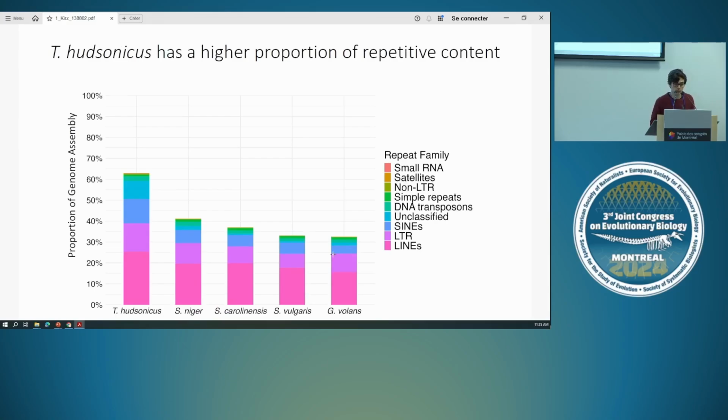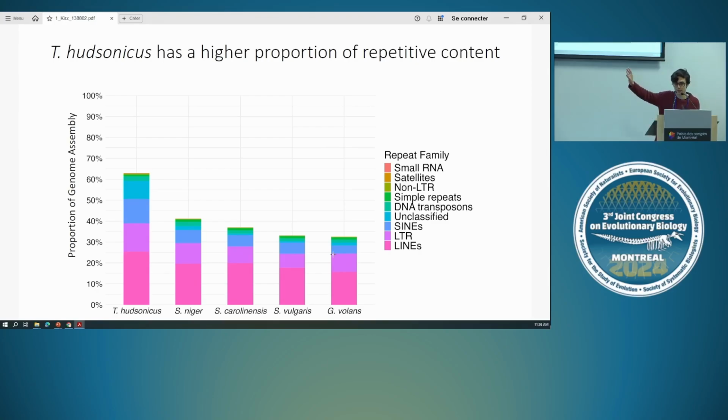When you compare the T. hudsonicus genome assembly repeat content to its squirrel relatives, you see that there's a massive increase in repetitive content across families. So it's not just concentrated in one family. We see this expansion across LTRs and DNA transposons and so on.